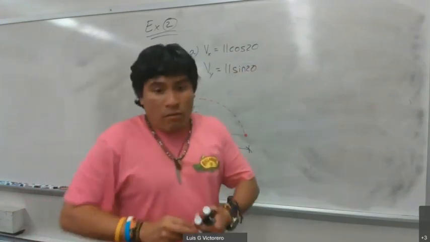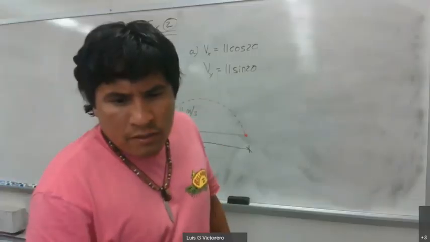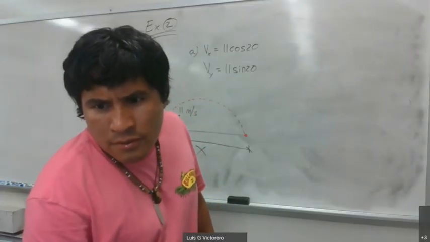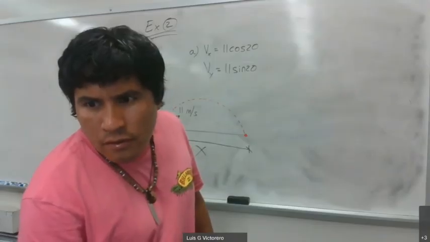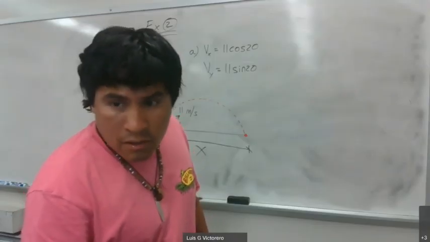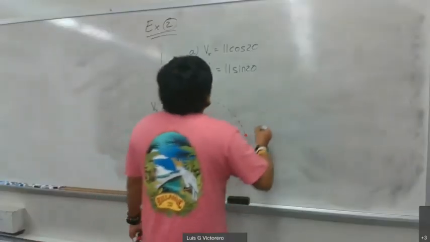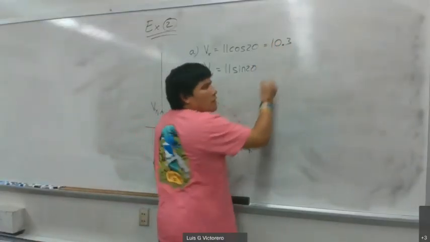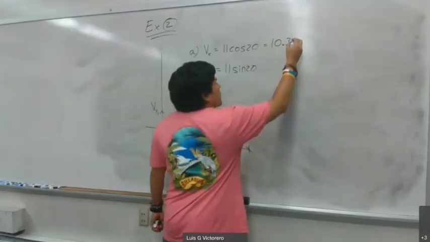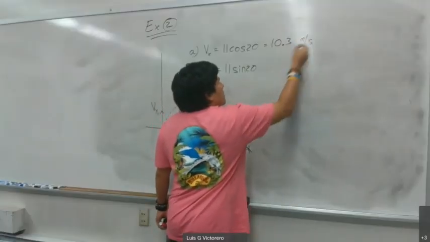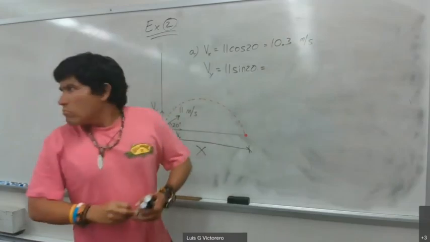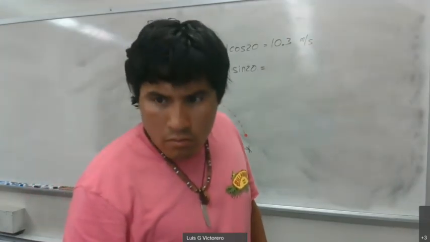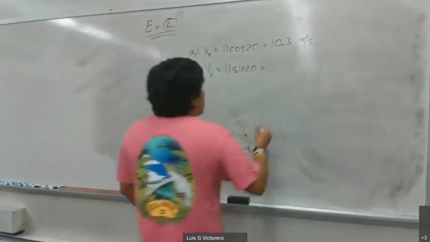Most likely they are going to give you better angles in the exam, like 37, 30 degrees, 45. But in the book, because they assume that you have a calculator, which I guess is okay, it's cosine 20 times 11. Let's keep a decimal to keep it more realistic: 10.3 meters per second. And Vy is 3.8.